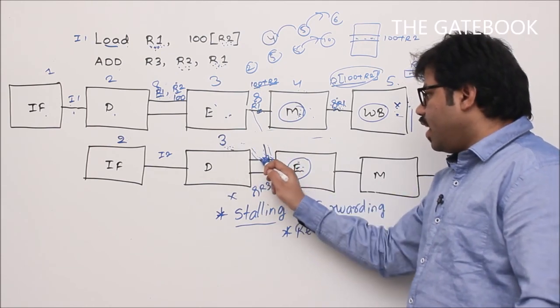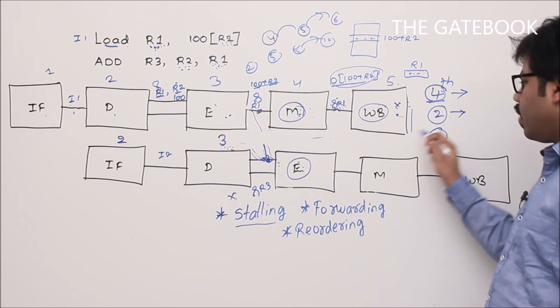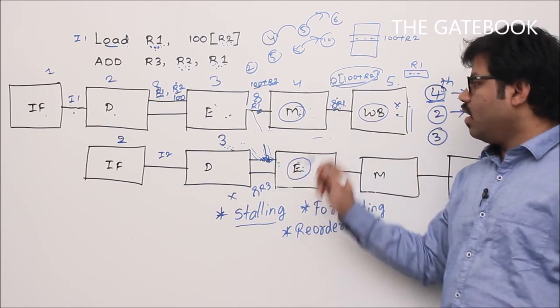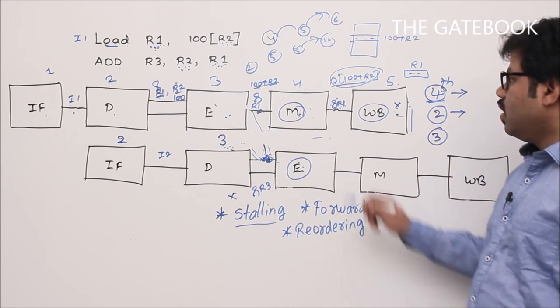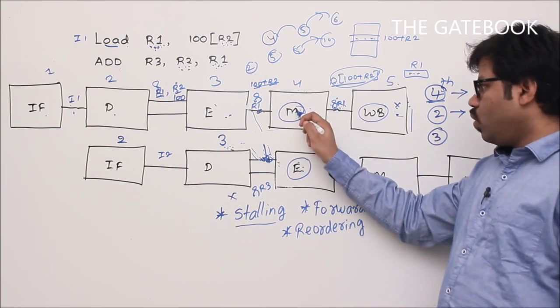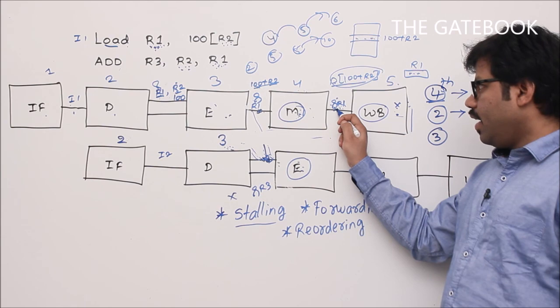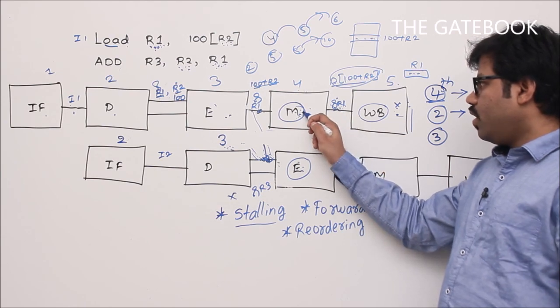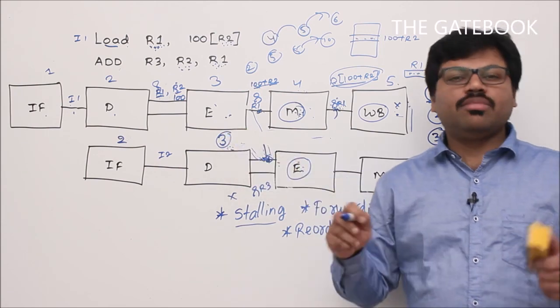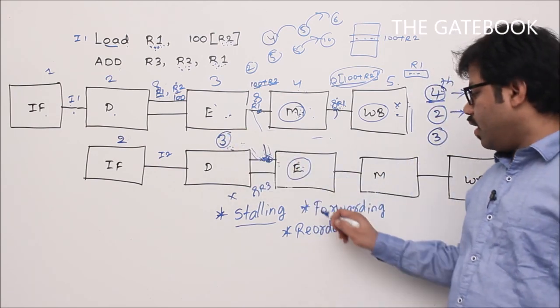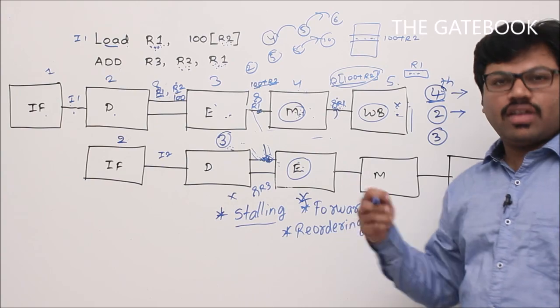So that means at the end of the third clock cycle at least you require data. Somehow by forwarding, if you can get the data here, that will be cool. But still it is not possible because through memory access you are getting the data, right? R1 gets the data after fourth clock cycle, but you require it after third clock cycle, so that is impossible. That's why definitely forwarding will not work. That is what I said. Okay.